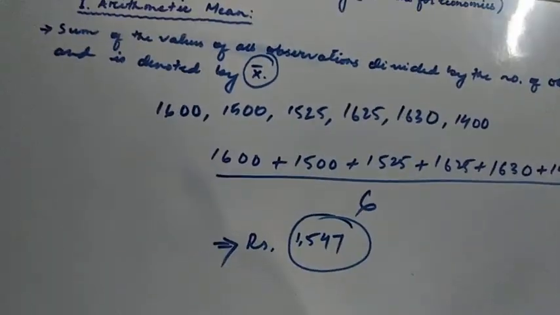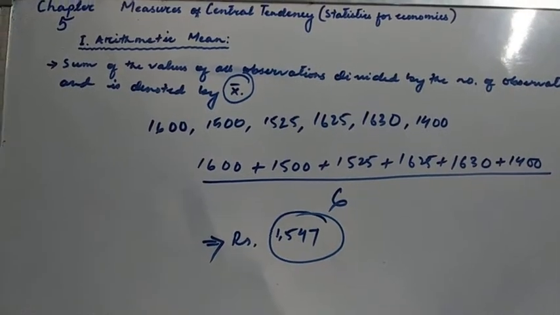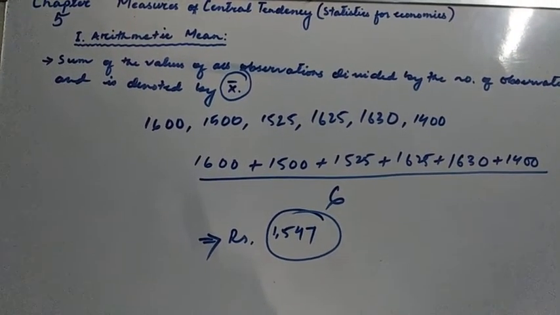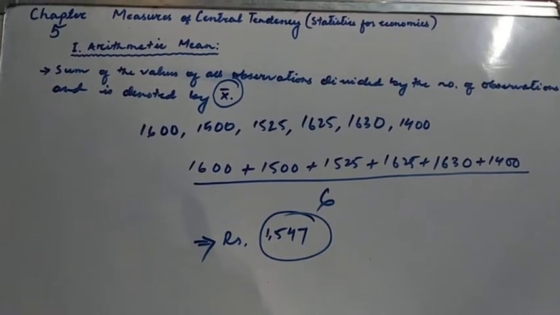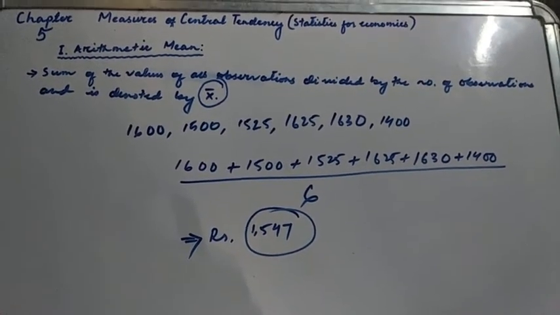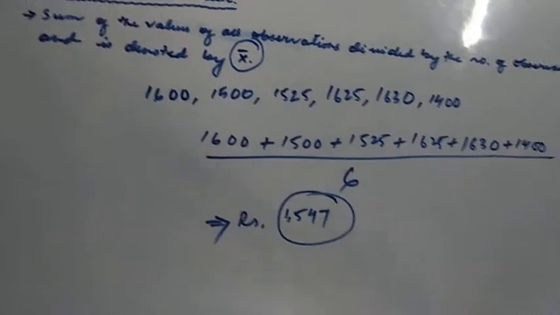So this is the arithmetic mean of the various incomes of the 6 families. That is how we calculate the arithmetic mean.